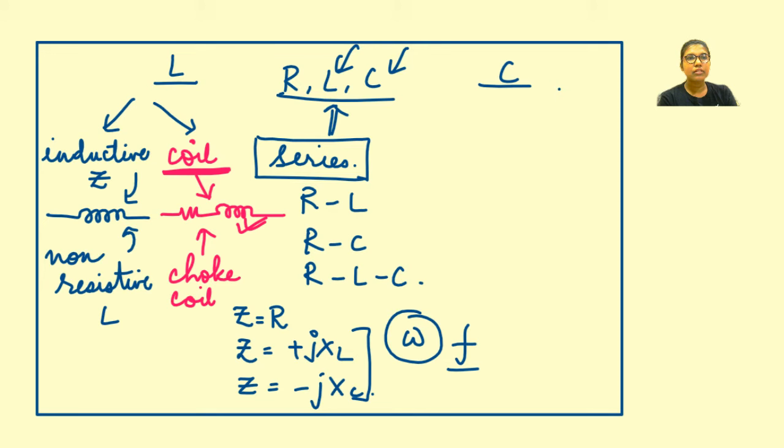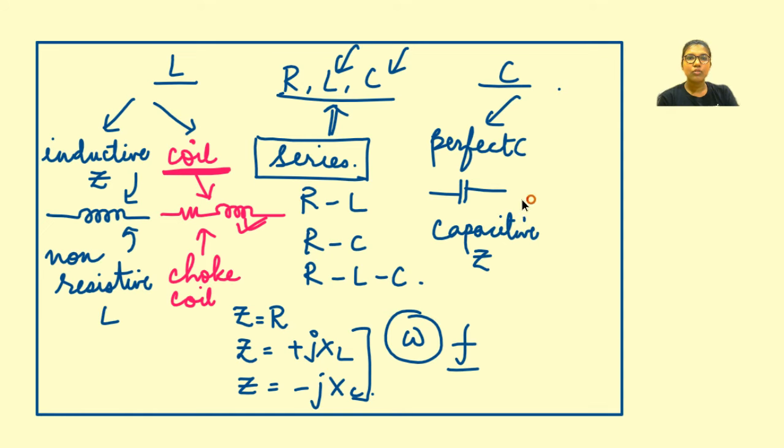Similarly, for a capacitor, if it is mentioned as a perfect capacitor, then it is only a set of charged plates, or if it is mentioned as capacitive impedance, then it also represents a set of charged plates.